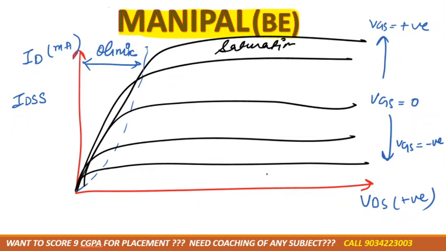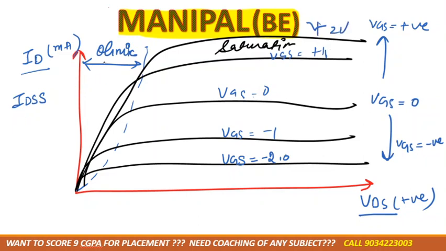I'm showing the graph between VDS and the drain current. If VGS is negative 2.0, this is 1, this is 0, and VGS is, suppose, plus 1 and plus 2 volt.